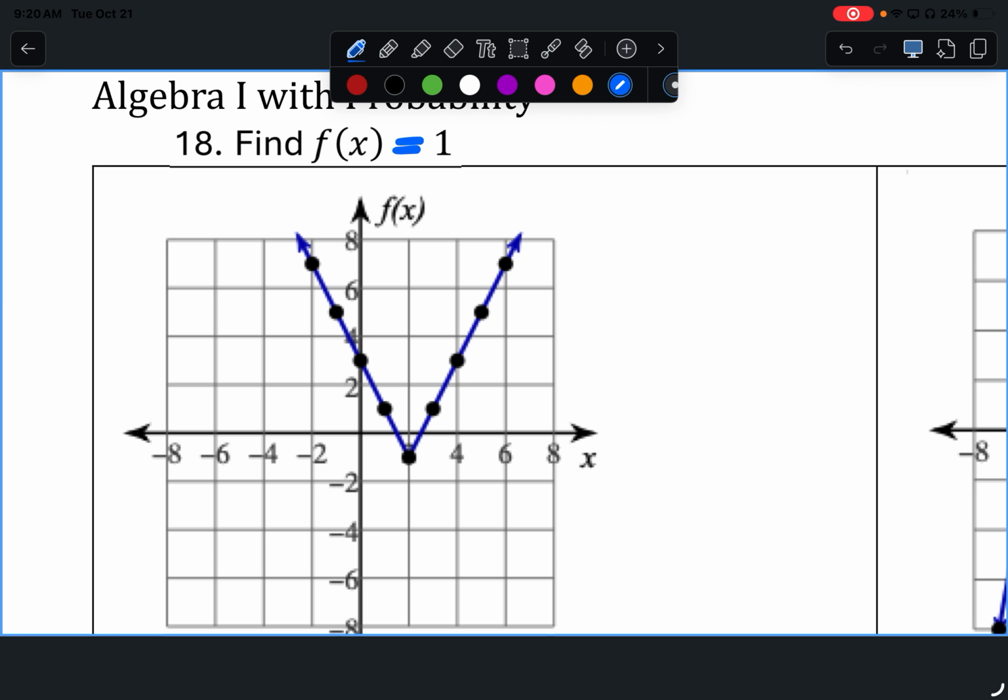So does that give me x or y? That's giving me our y. So it's saying when y is 1, what is x? So I'm going to go find where y is 1. It's right here. So I'm looking at these 2 points. What is x when y is 1? 1 and 3.